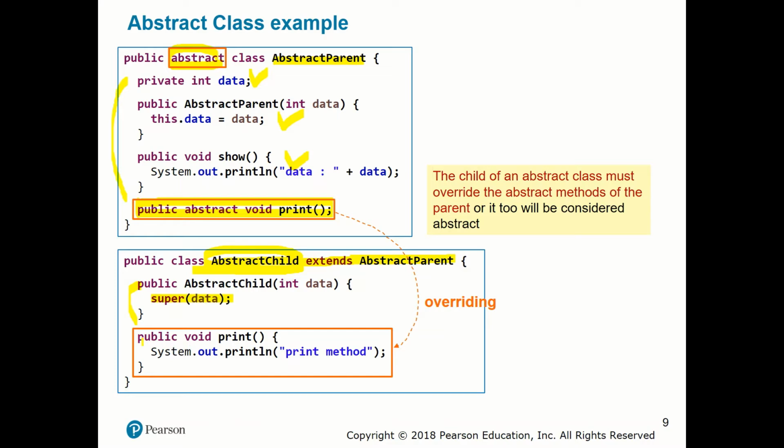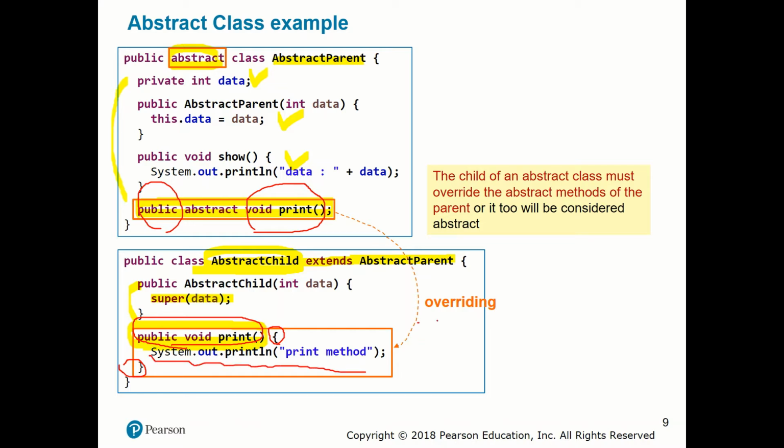And this one, public void print. This header is exactly the same as this one. Public void print, and then it has braces and the definition of the method code like this.